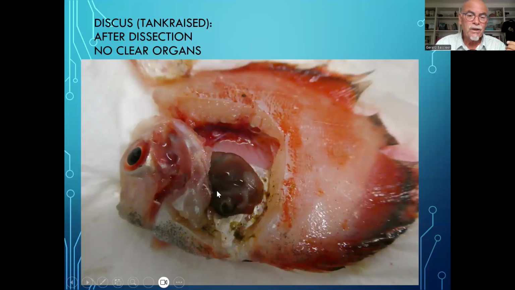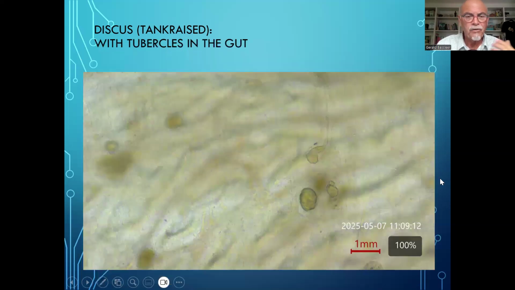The organs, well, was like a mix, another clear, easy view where to see the spleen, the liver, the intestine or gut. It was like a mix. And what we found, and we took out the gut or the intestine, we found tubercles.